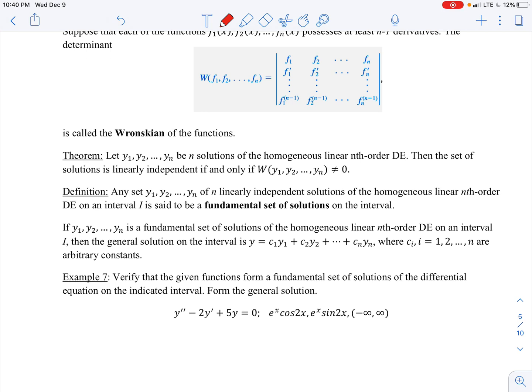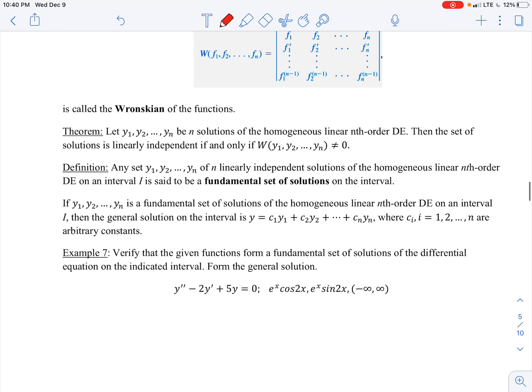Another definition is that any set y sub 1 to y sub n of n linearly independent solutions of the homogeneous linear nth order differential equation on interval I is said to be a fundamental set of solutions on the interval. So if our Wronskian does not equal 0, then we have a fundamental set of solutions.